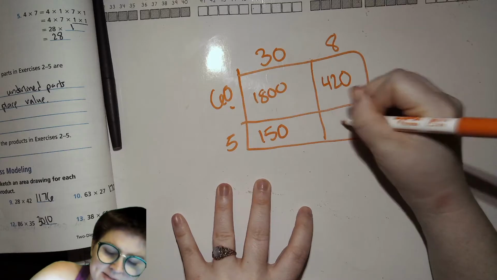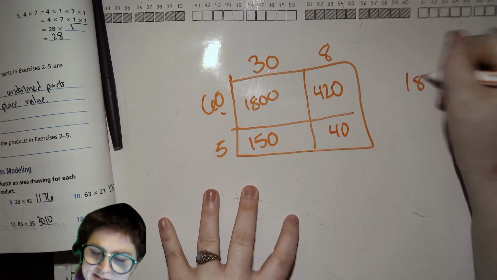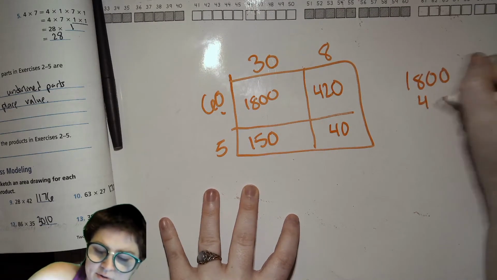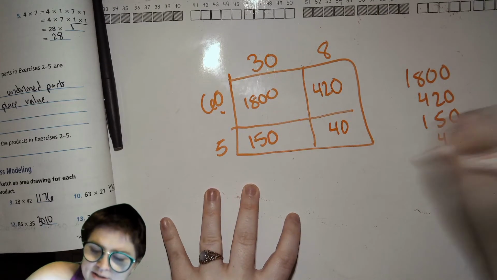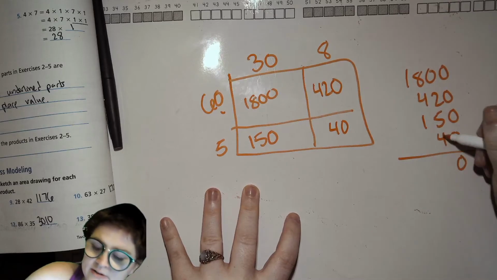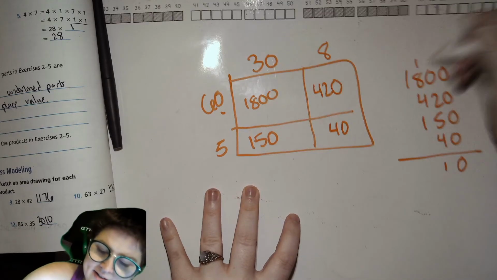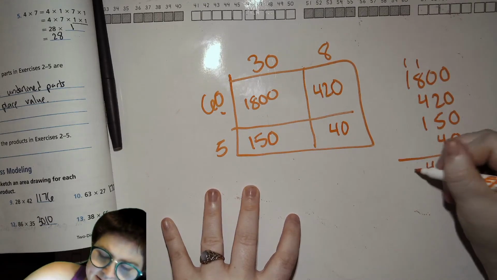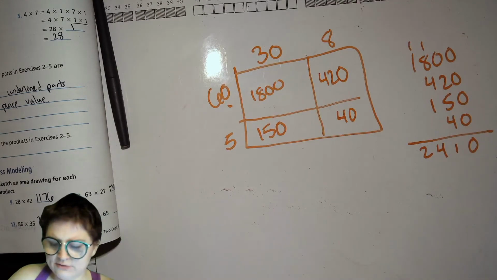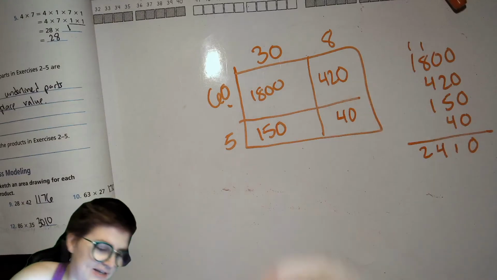And 5 times 8 is 40. 1,800, 420, 150, 40. 0, 11, 14, 2,410.